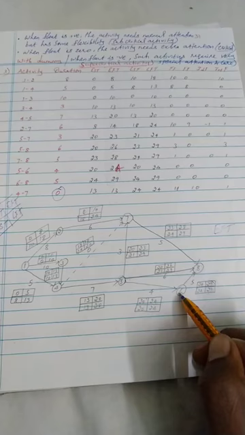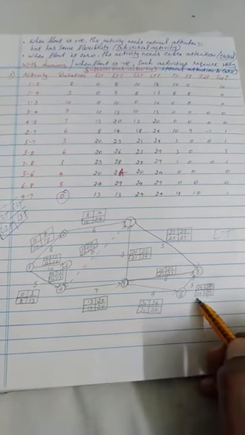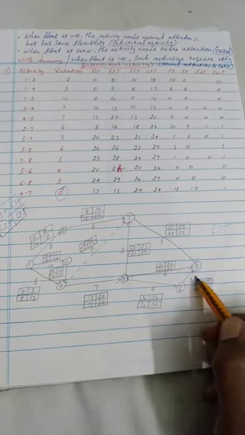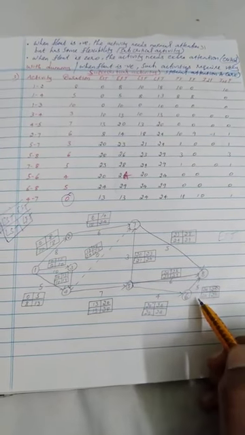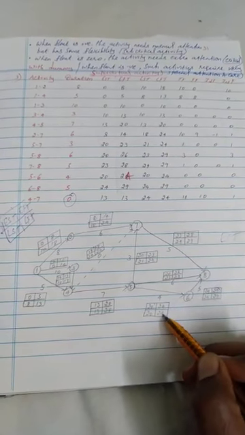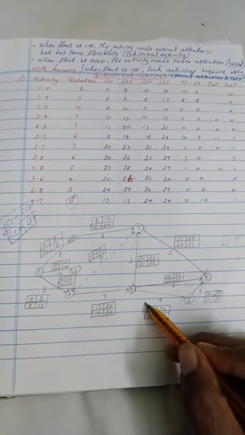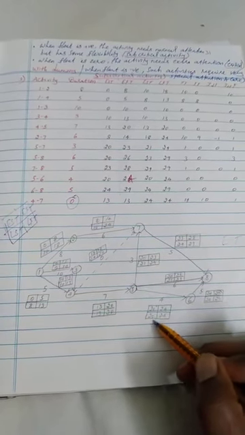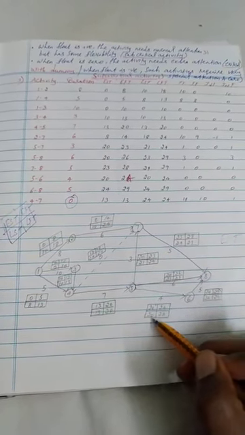Here the 24 is the latest start time of the following activity, and that is normally the latest finish time of the preceding activity. So 24 minus 4 you will get 20.